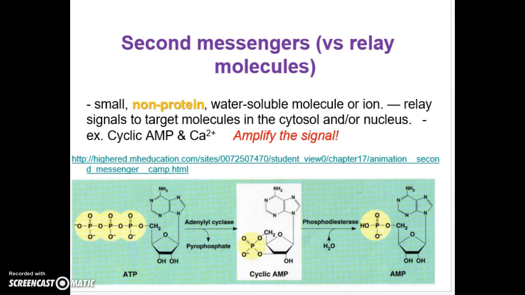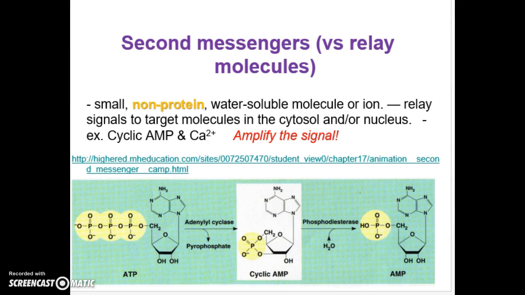And then the second messengers are also going to be involved in the passing of the signal to the target where response is needed, but they are non-protein. So again, the classic and very commonly used second messengers in the cell are cyclic AMP or cAMP and calcium. So those two are heavily involved.